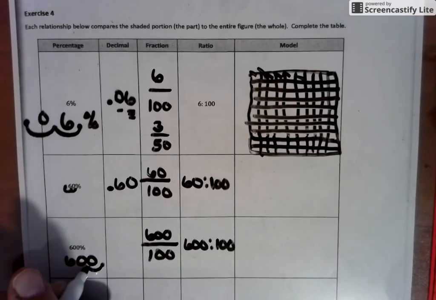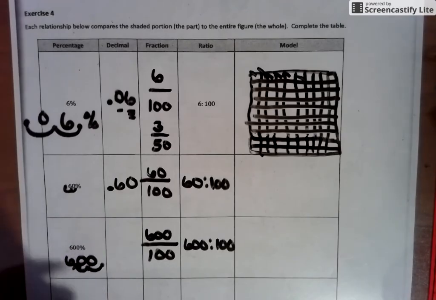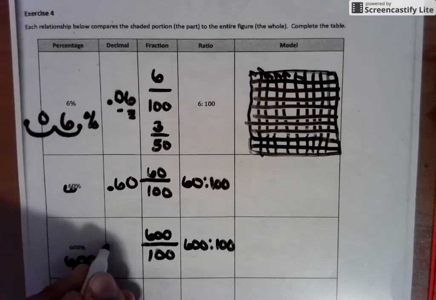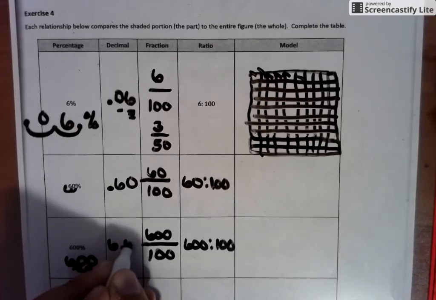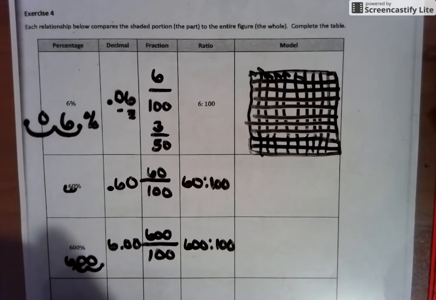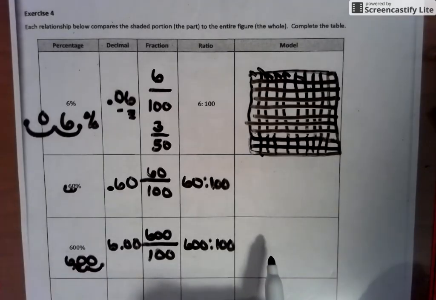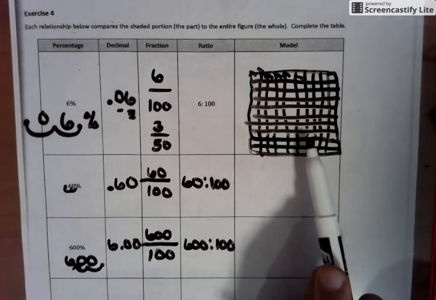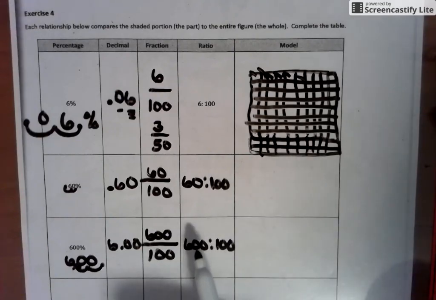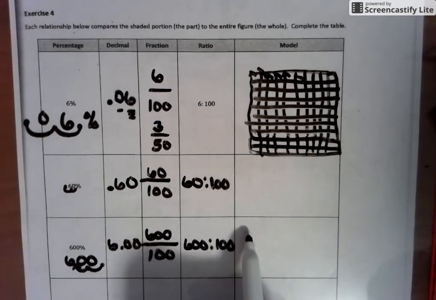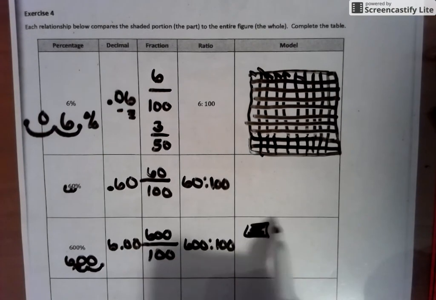Now, when we're looking at our decimal, remember our decimal point goes after the very last digit of our whole number. So we would have 600 decimal, and we have to take 2 jumps back, remembering 2 jumps back because a 100 has 2 zeros in it. As you can see, this decimal point falls in between, so we have 6.00.